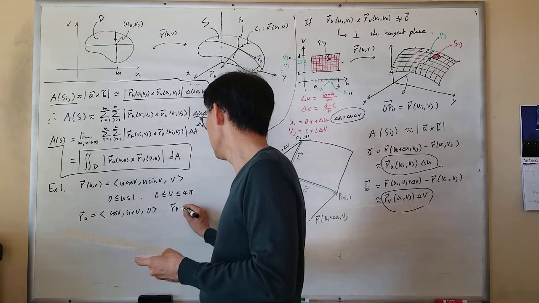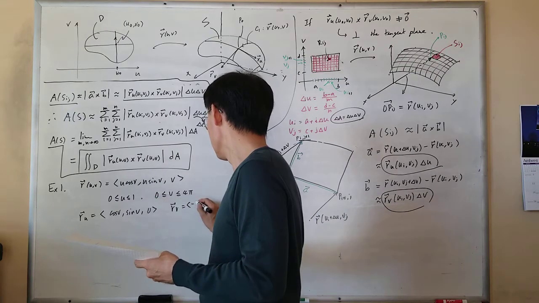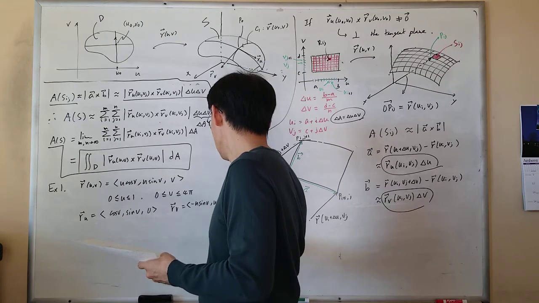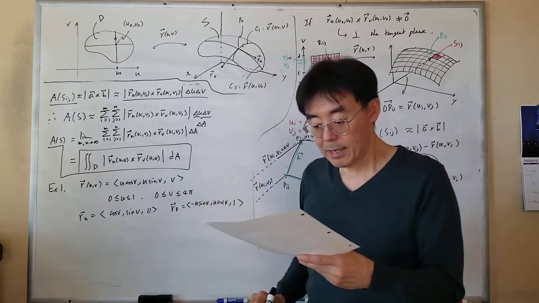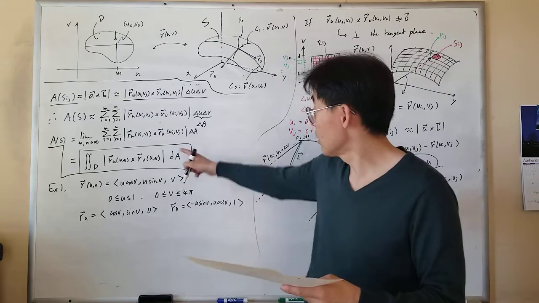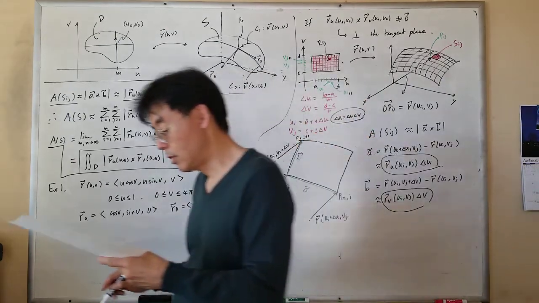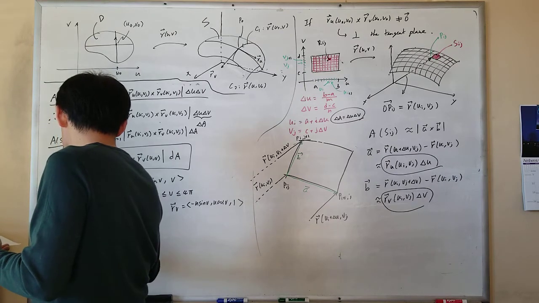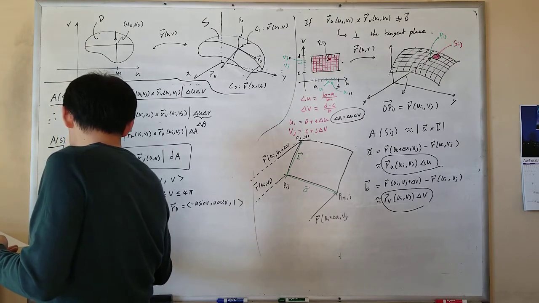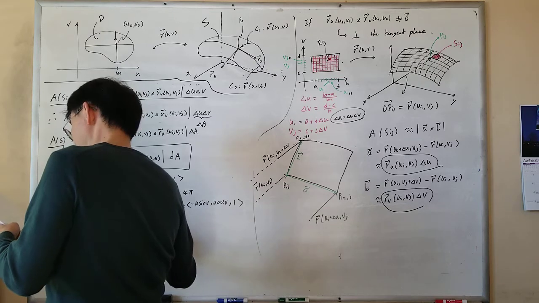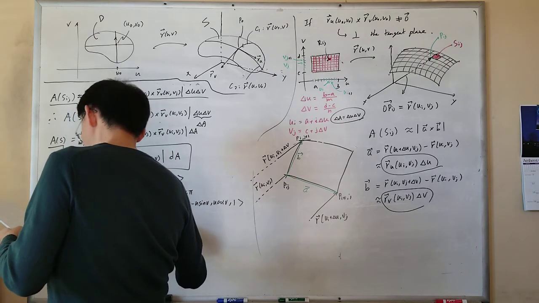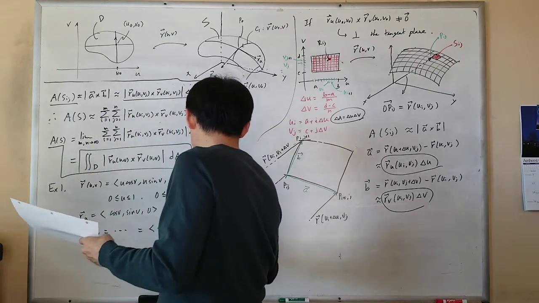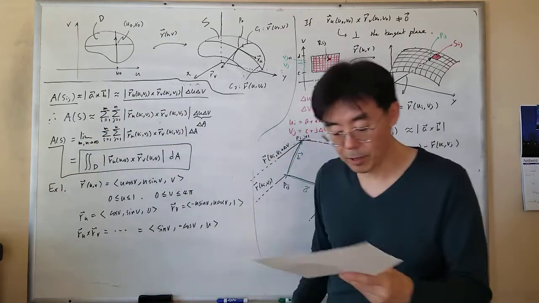R sub v is the partial with respect to v: minus u sine v, u cosine v, and 1. And then you just take the cross product. When you take the cross product, you can see the detailed calculation. In the end, you get sine v, minus cosine v, and u.